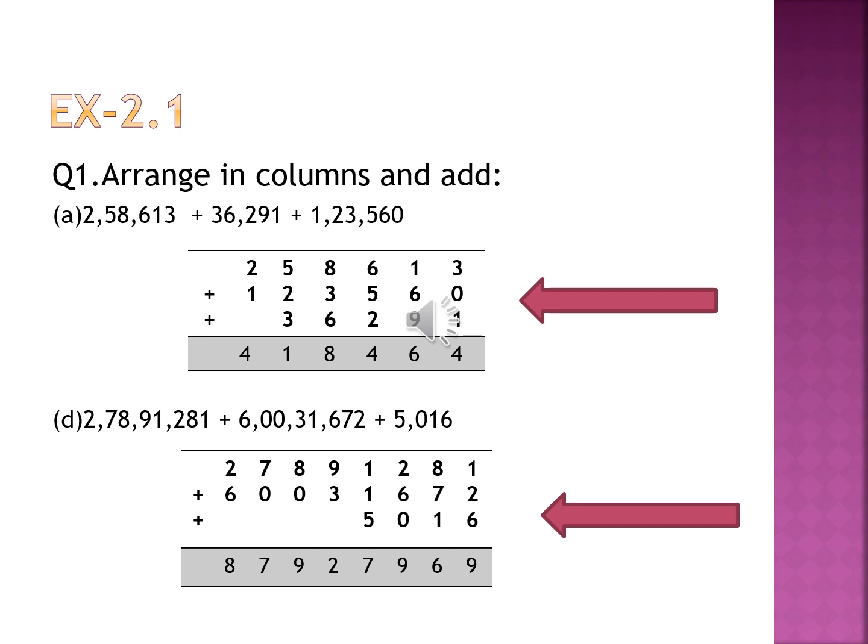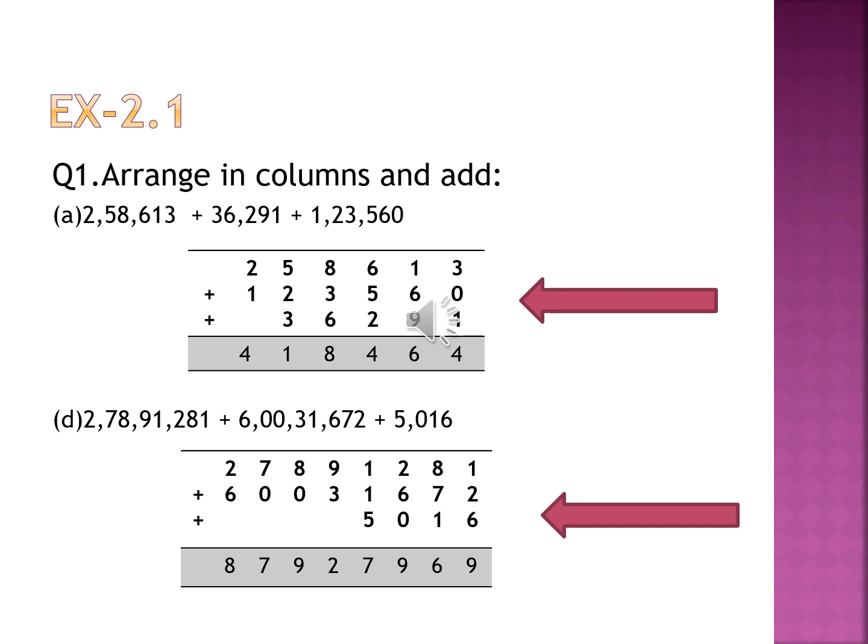Question number 1 says, arrange in columns and add. So while we are copying the numbers, we have to be very careful. Writing the addends well spaced helps you to solve the question systematically, right? So keep adequate space between the digits of the addends so that your solution remains neat and clean.